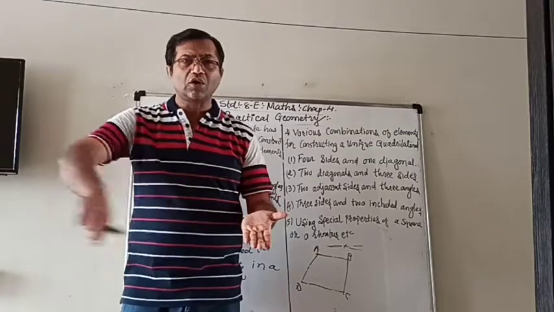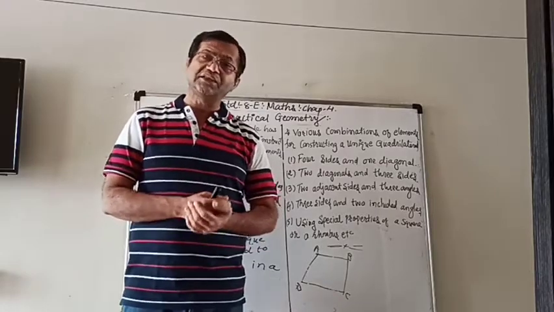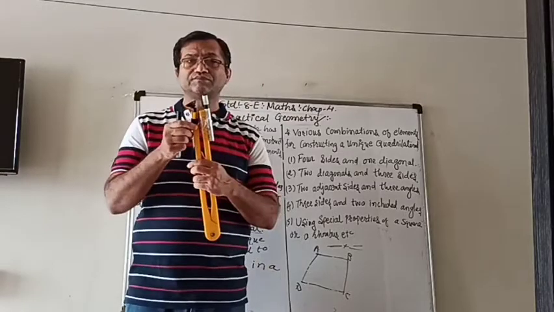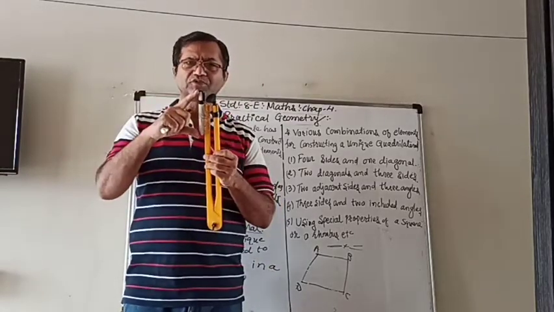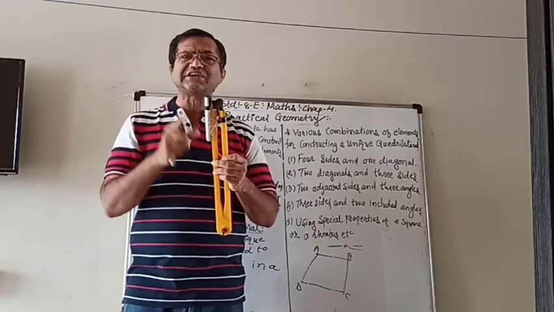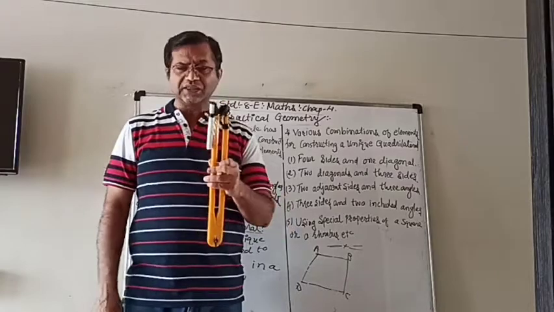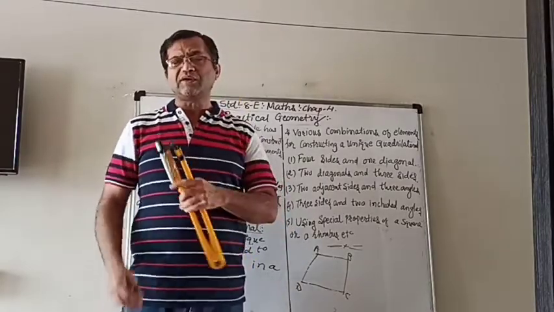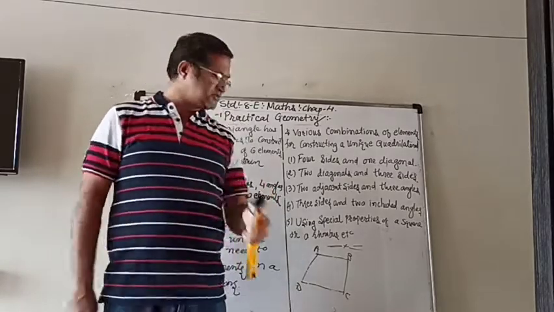One is to draw lines with the help of the scale, and the other must be fitted in your compass. The other can be a small pencil, whatever, but keep two sharpened, one for drawing the lines and the other fitted in your compass. Otherwise every time you have to take it out of the compass and put it back, and it takes time.